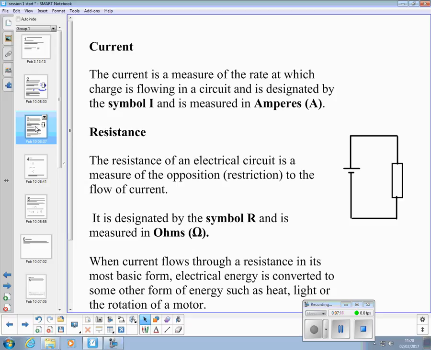The resistance of an electrical circuit is a measure of the opposition or restriction to the current flow. More resistance, less current; less resistance, more current. What law am I talking about there? Ohm's law, yes.